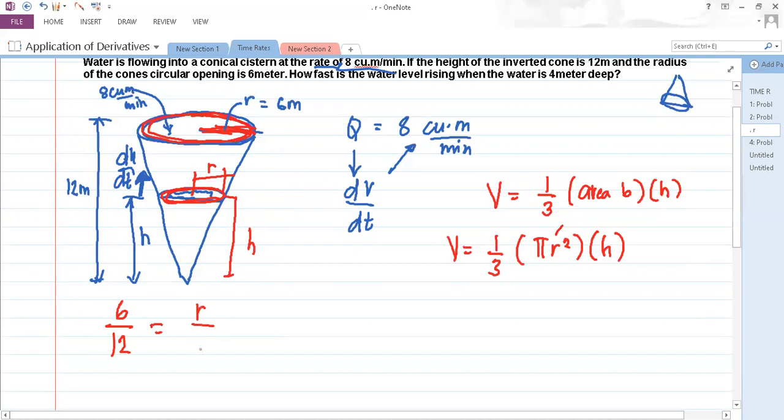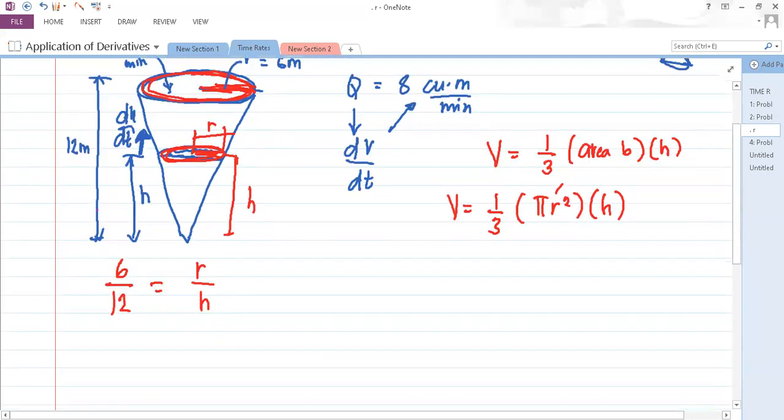When the radius is this, what is the height of the cone? That is equal to radius is to height. So we can now say that radius is equal to 6/12, that is 1/2, so h/2.